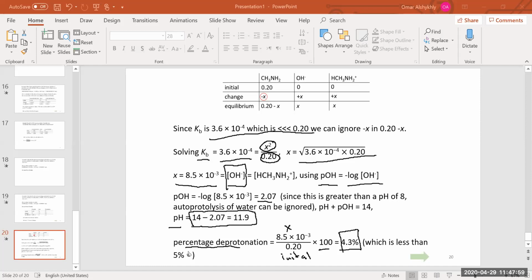So that's how we deal with this type of calculation, if it's weak acids or weak bases, and we already talked about strong acids or strong bases, to find the concentration of H plus, OH negative, or the pH or the pOH, whatever they are asking.